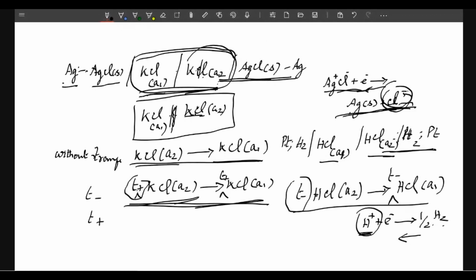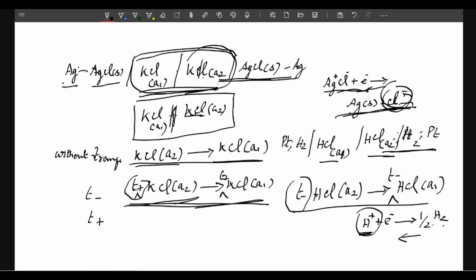Okay. Tomorrow we will see the problems in these concentration cells with and without the transport number. Then, if the transport numbers are given, how to calculate the liquid junction potential involved in the concentration cell with transference. What is the liquid junction potential?